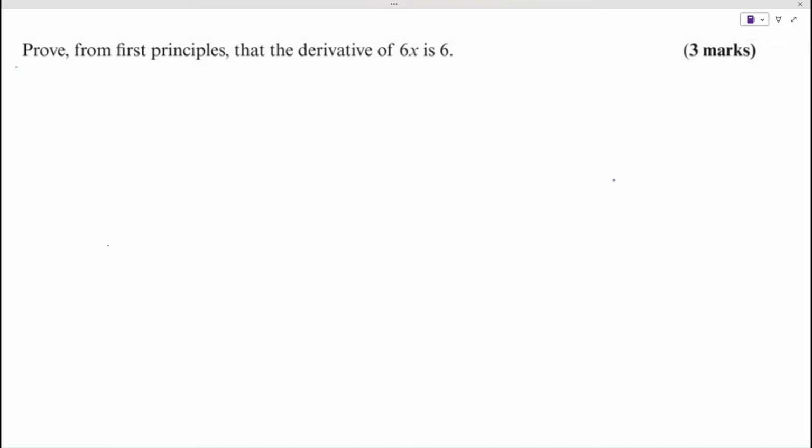So, the first thing that we can do is set f of x is equal to 6x.